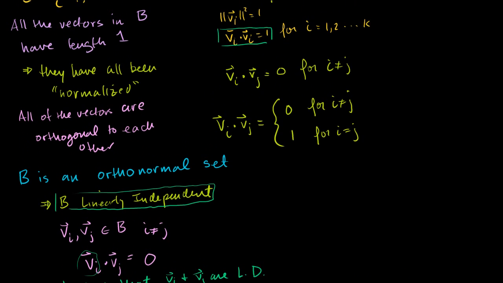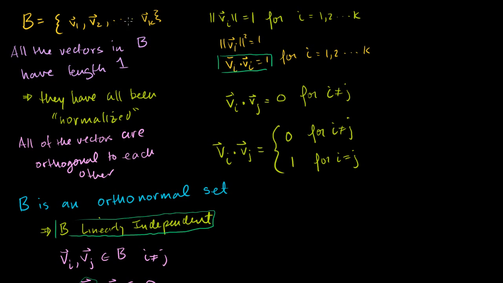which is pretty interesting. So if I have this set, this orthonormal set right here, it's also a set of linearly independent vectors, so it can be a basis. It could be a basis for a subspace. So we can say, let's say that B is the basis for some subspace V, or we could say that V is equal to the span of, let me write it this way, the span of V1, V2, all the way to Vk.